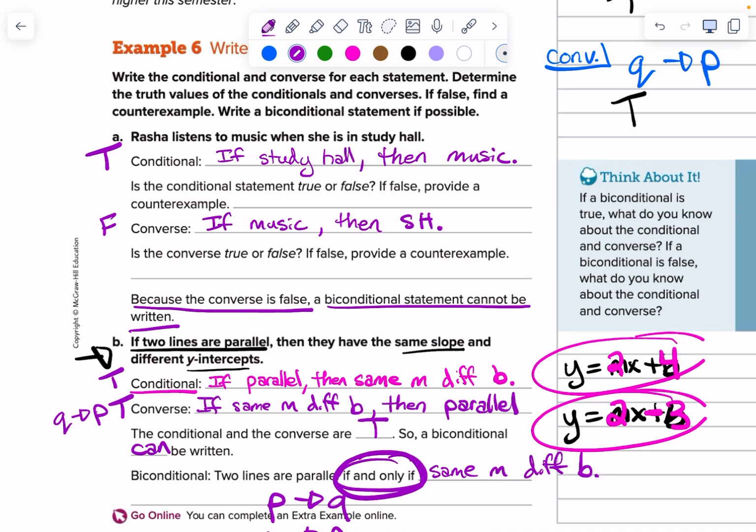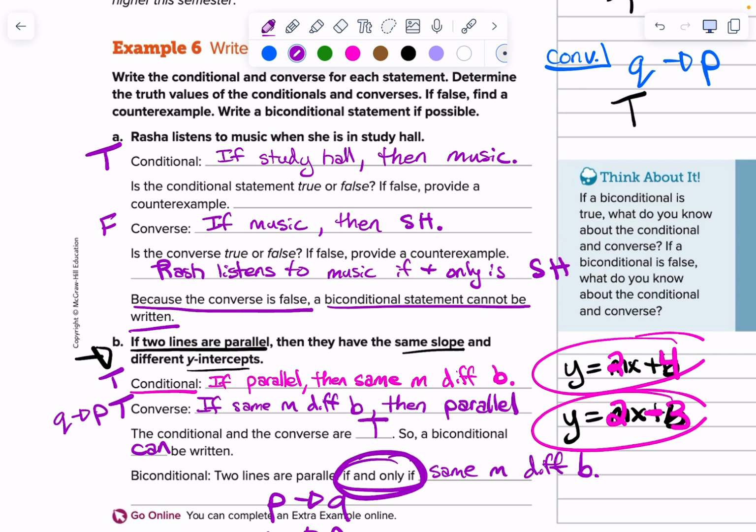If you were to write a biconditional statement, it would say Rasha listens to music if and only if study hall. She listens to music if and only if she's in study hall, which is false.